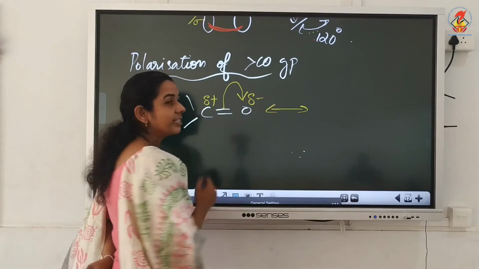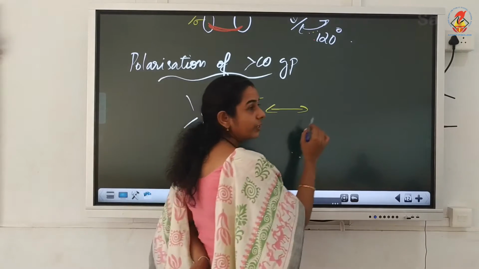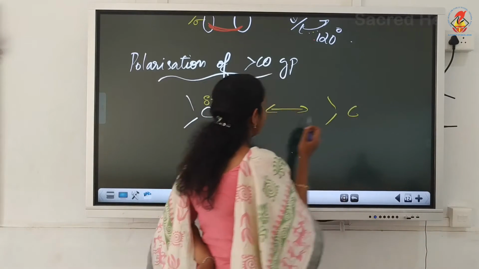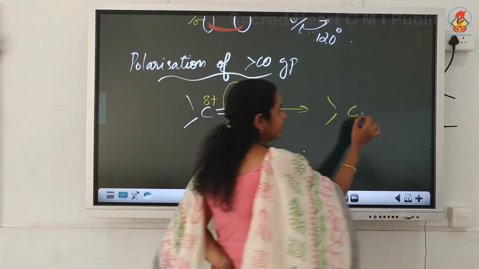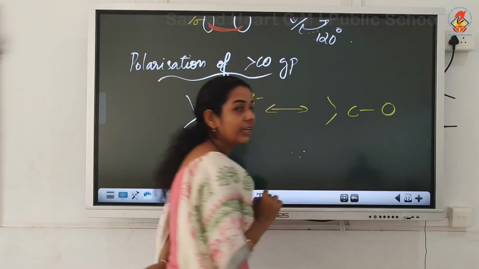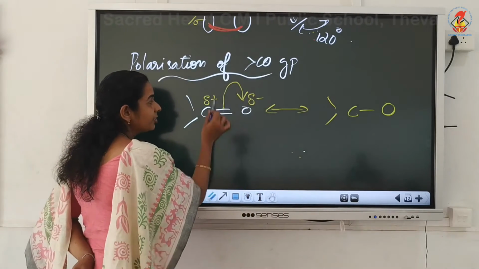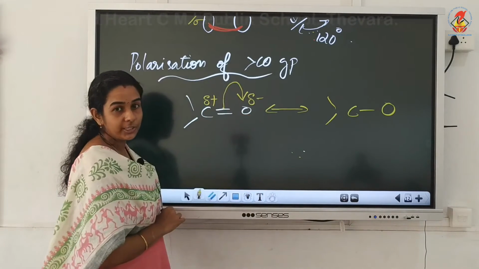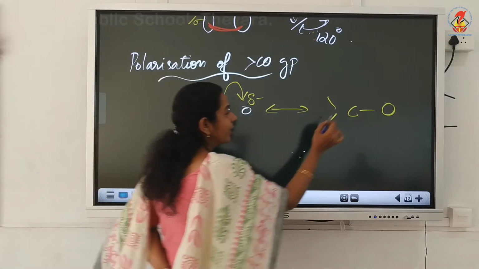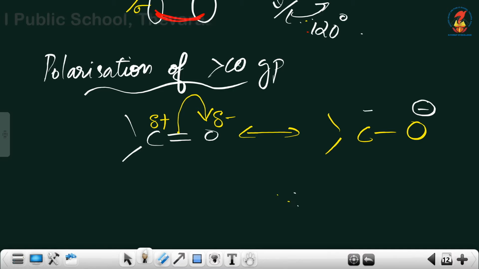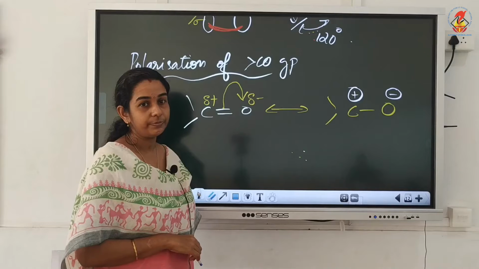So if we are drawing the resonating structure of the carbonyl group, how will it be? There is no change in this single bond. The double bond will become a single bond to O. Now here the pi bond is completely shifting towards oxygen. That means oxygen will get a complete negative charge and carbon gets a complete positive charge.